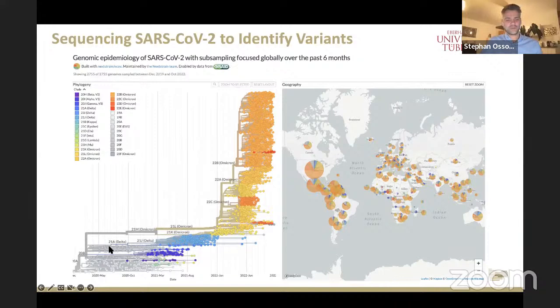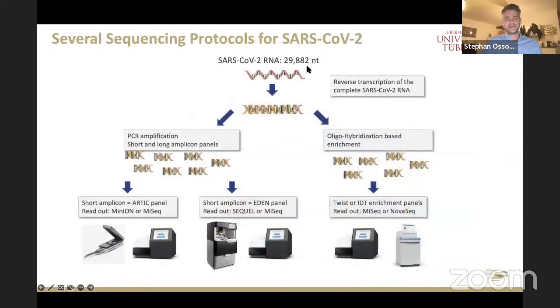And we were wondering, is there also variation within one patient, or do patients normally have one clonal population of virus variants? So we wanted to, similar to cancer, find variants that maybe affect only 5% of the viruses in one patient. So we set up a comparison benchmark setting.